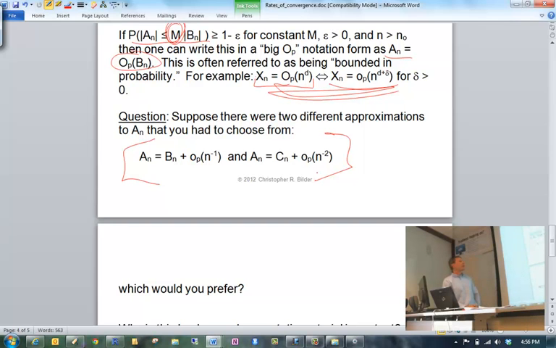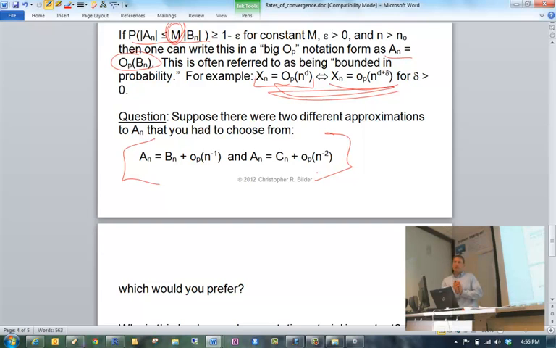Suppose you have two different ways to approximate a statistic A sub n. Statistics, of course, are random variables. One has a remainder term that's little o sub p of 1 over n. One has a remainder term little o sub p of 1 over n squared.